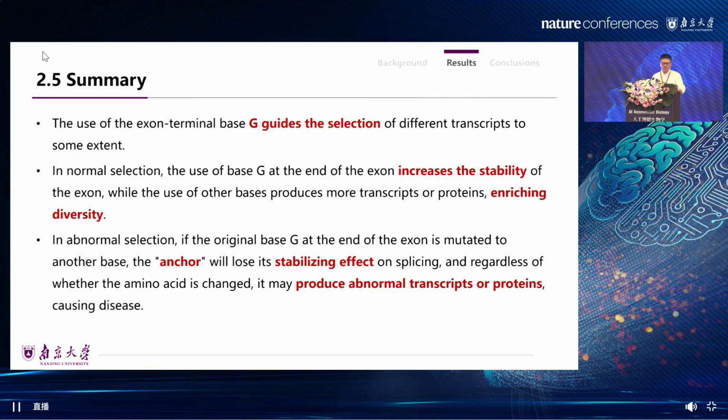In normal selections, the use of the base G at the end of the exon increases the stability of the exon, while the use of other bases produces more transcripts or proteins, enriching diversity.